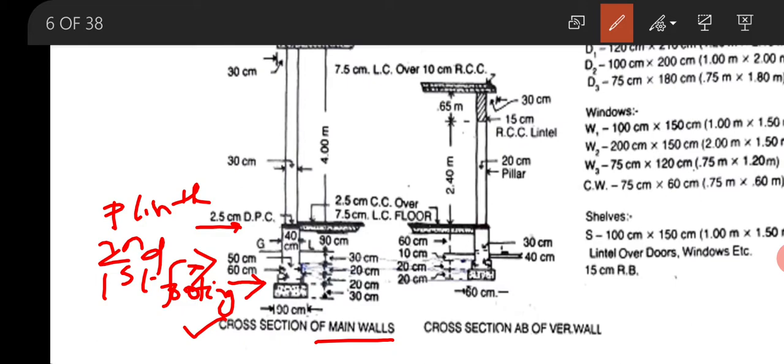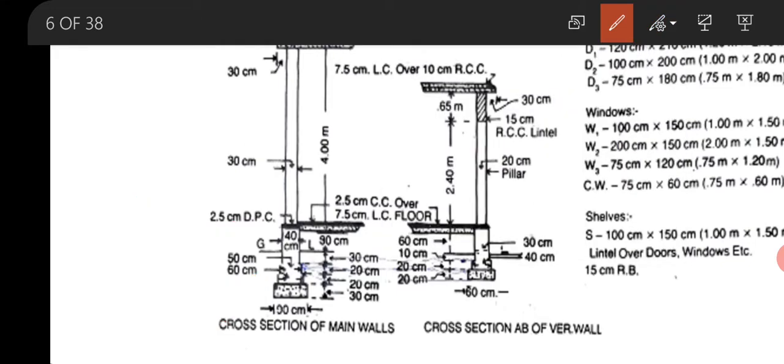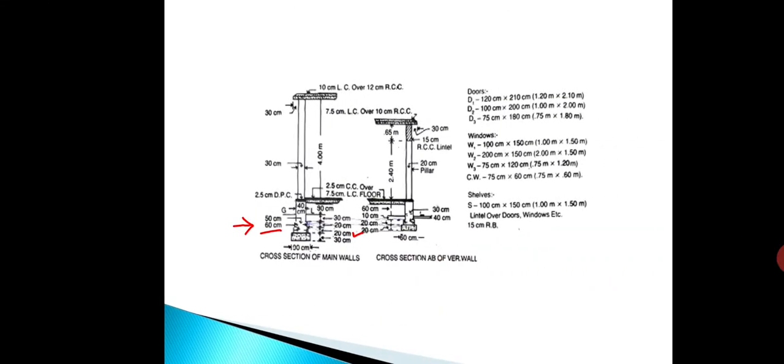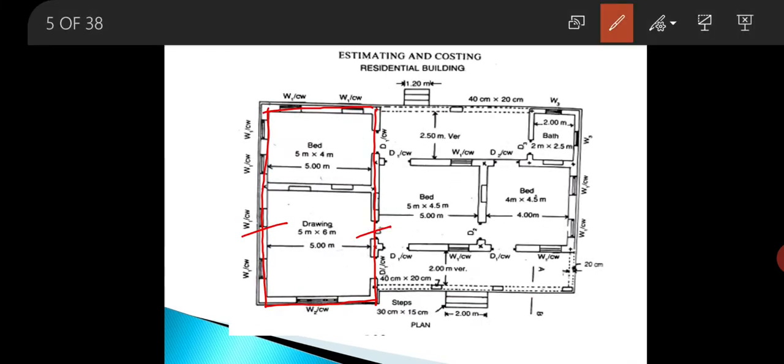So see here, this one is the first footing, of width 60 centimeter. Okay, and the thickness of the first footing is 20 centimeter. So first we will go for the long wall, under that first footing.